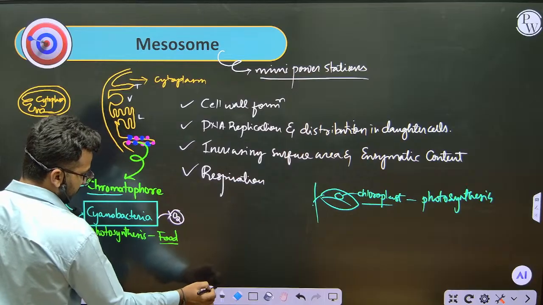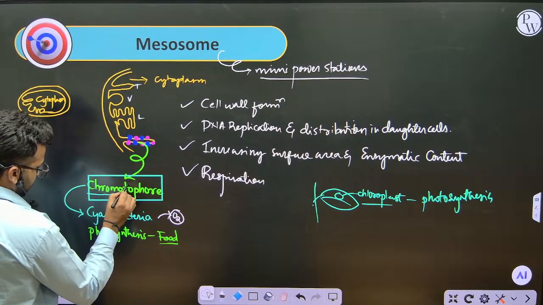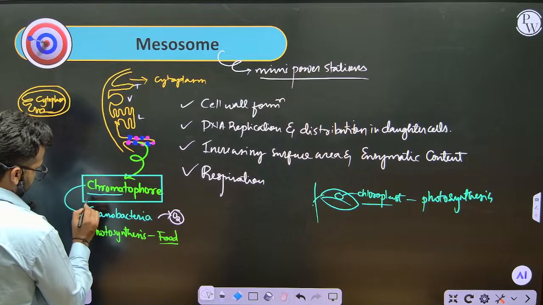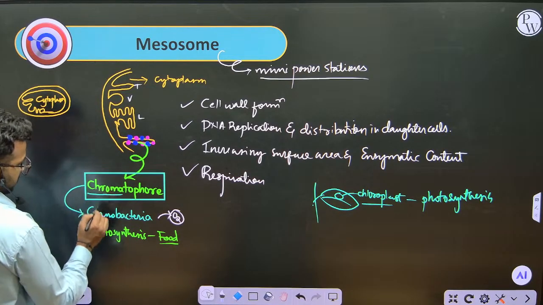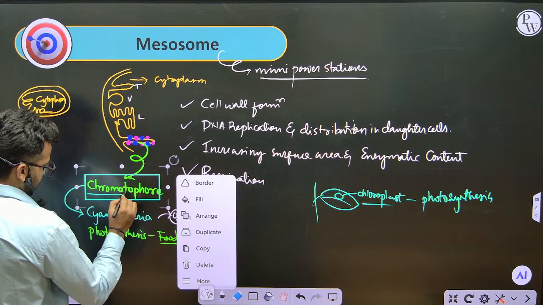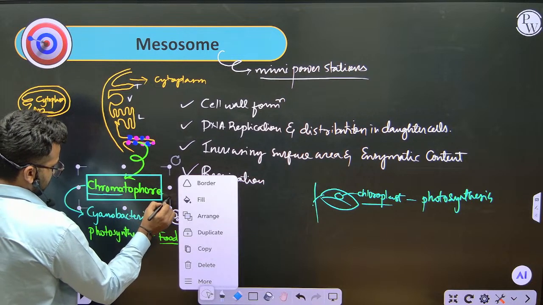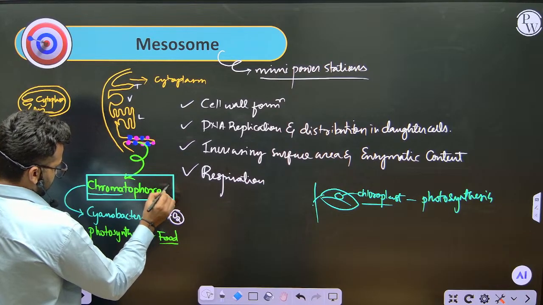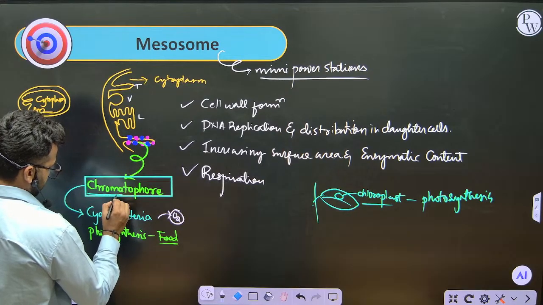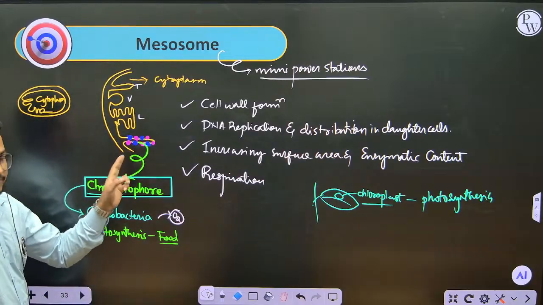This one is chromatophore here. This is chromatophore, and it is also enfolding, but with the pigments.